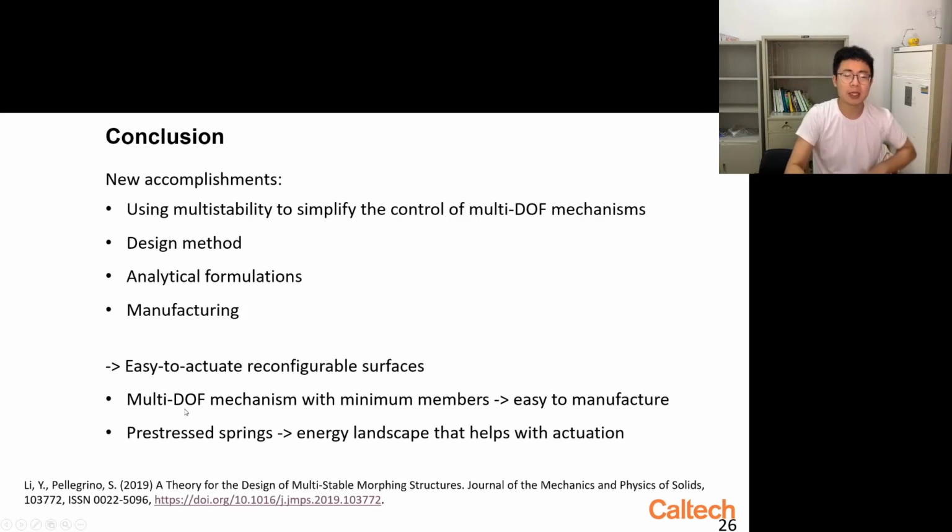And okay, my takeaway, what I figured out during this process, is that we should really embrace these multi-degree of freedom mechanisms, because this can help us to have minimum members. I also worked on another direction to try to reduce the degree of freedom, but it ended up with very complex mechanisms, right?